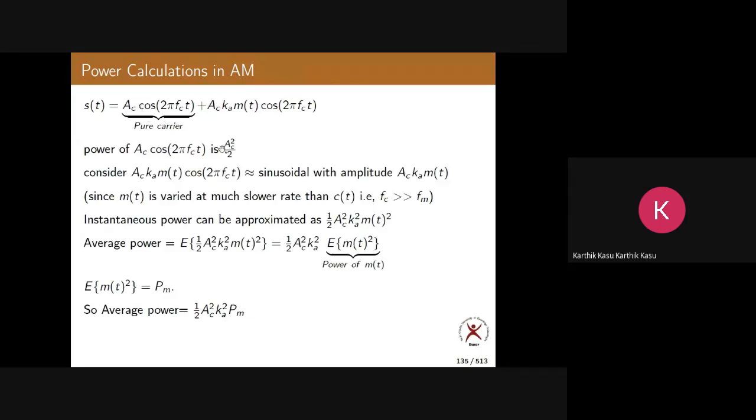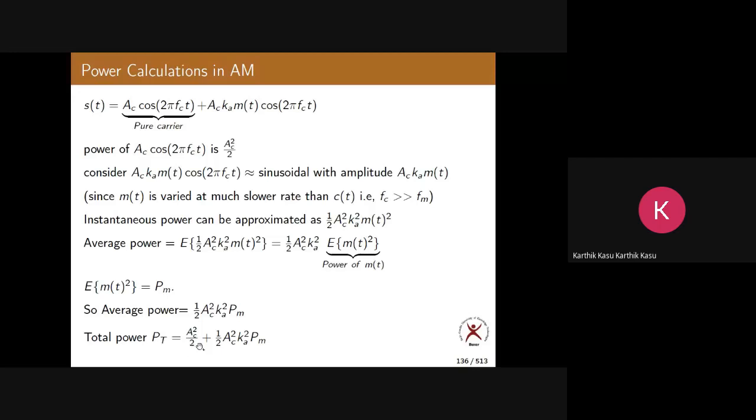The power of the first term is Ac square by 2, and the power of the second term is Ac square Ka square Pm by 2. If you add these two, you get the total transmitted power of S of t. You can take Ac square by 2 common, giving 1 plus Ka square Pm.